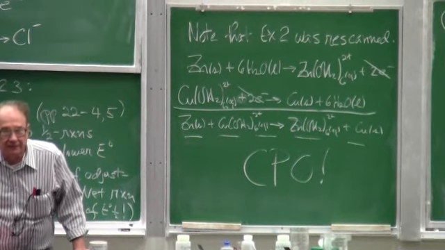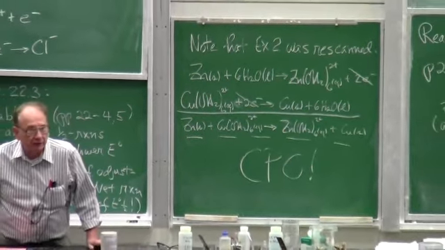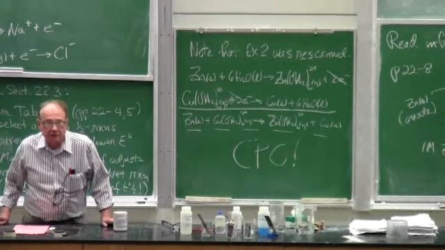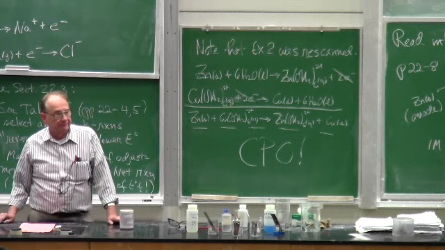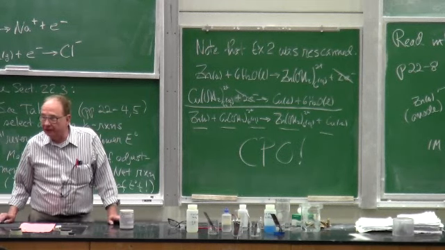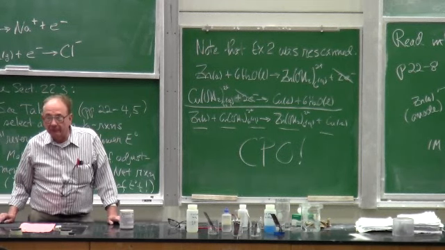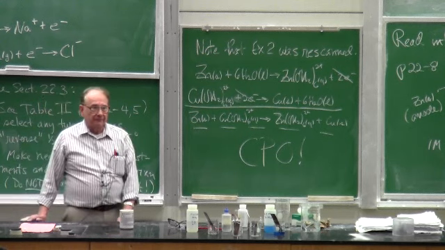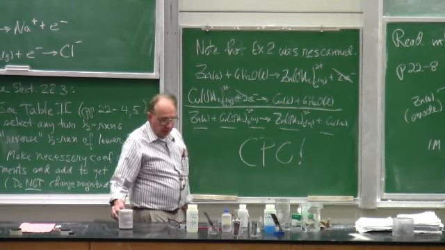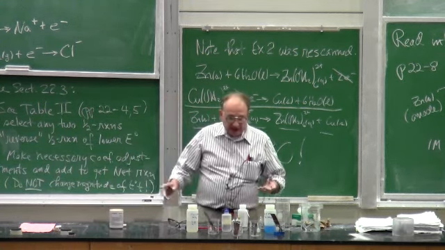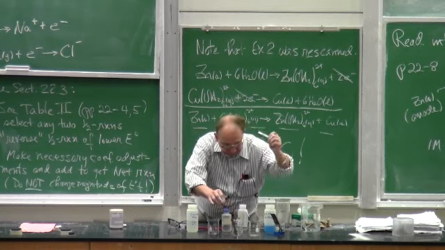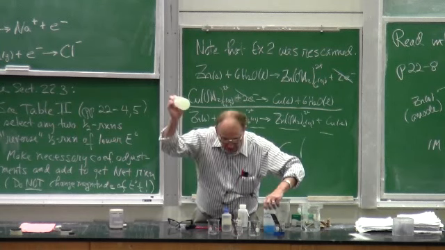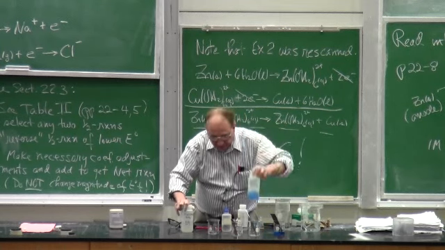I have all that's necessary to find out which is the stronger reducer, zinc or copper, which is the stronger oxidizer, hydrated copper ion or hydrated zinc ion. You did this in 45L. Remember what you did? At this point, we're imagining we have copper, zinc sulfate solution, copper sulfate solution.